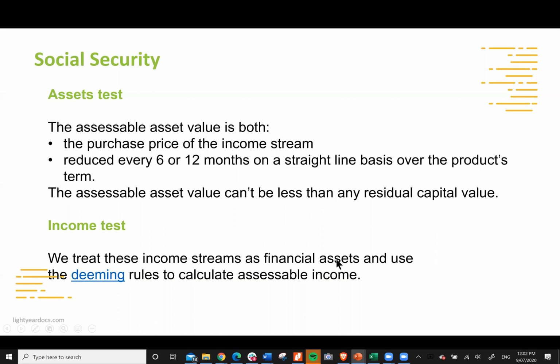They are financial assets, and you use the deeming rules to calculate your assessable income. I think the deeming rate at the moment is around 2.25%, but don't trust me on that one. As I said, I'm offering it to Mum at 6%, so they're better off down that track. So it can actually be a really good position for Social Security.